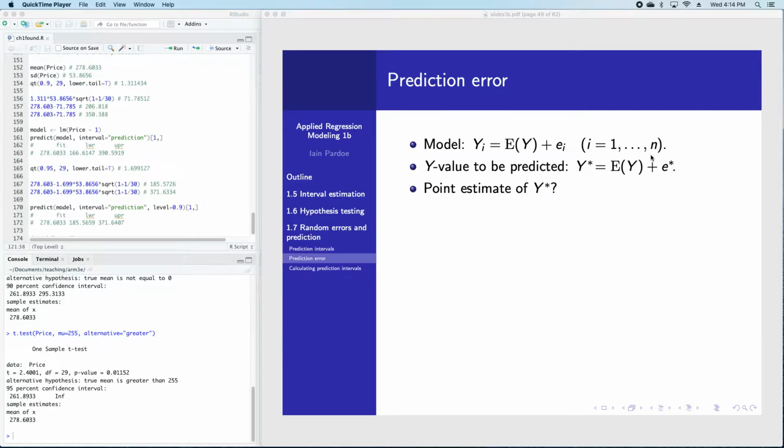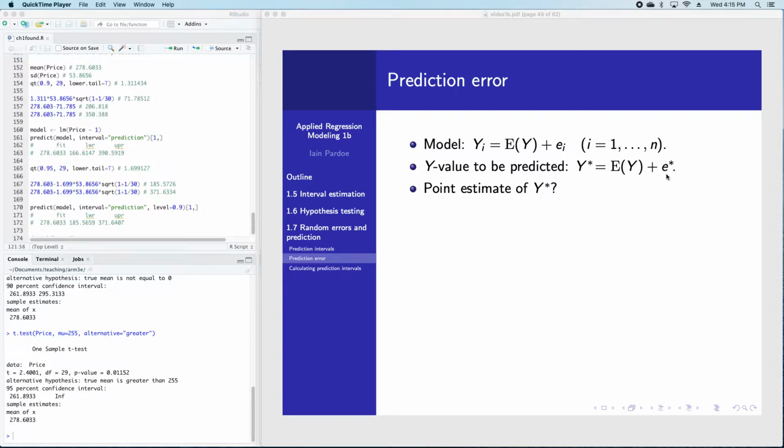So we have our sample. Now we're going to imagine a new house has come onto the market, and we're going to predict the sale price for that new house. Just to distinguish it from all the other houses, we'll give it a star. So y star is the sale price for the new house, and that's going to use the same model. It'll be a population mean plus a random error e star.